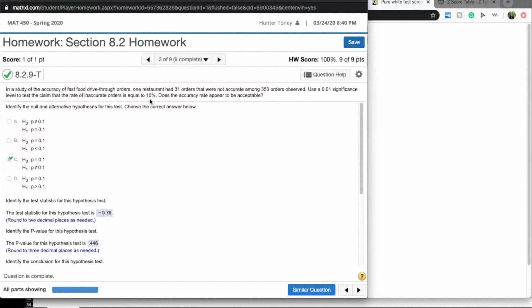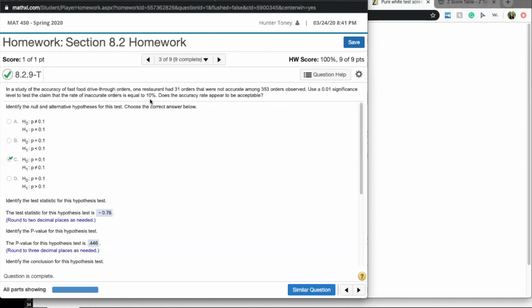So we're going to change this 10% to a decimal, which becomes 0.10 or just 0.1, depending on how you want to think about it. For our null hypothesis, we are looking if it is equal to our threshold of 0.1, and we're really only interested if it's equal to. So our alternative, if it's not equal to it, has to be not equal to, which is just our equal sign with a cross through it.